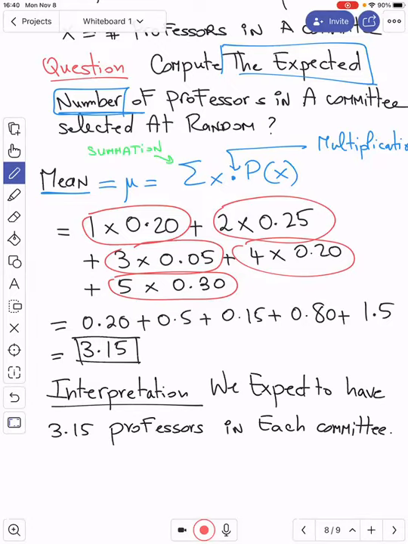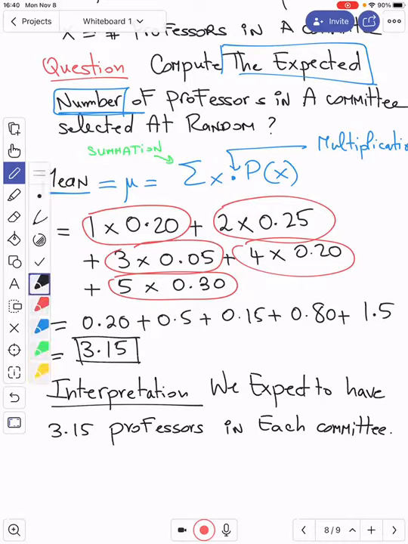Any question, guys? So that's for the mean, right? It's just the weighted average. Now the standard deviation, right? Again, just to remind you guys, the standard deviation measures the spread of your data values. Here the standard deviation would measure the spread of the number of professors, right?